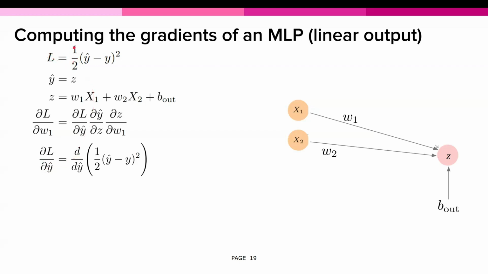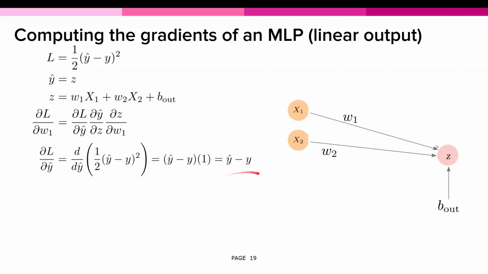So first, the gradient of the loss with respect to the prediction, y hat. We just need to take the derivative of half of (y hat minus y) squared, so the two would come down and cancel out the half. We'd be left with y hat minus y. But then we also need to apply the chain rule for what's inside, and the derivative of y hat minus y with respect to y hat is just one.